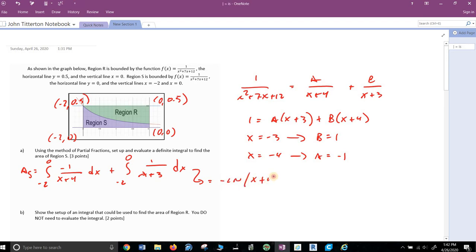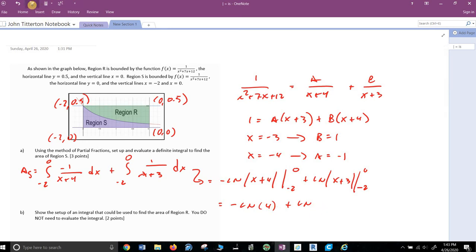And that equals negative natural log. I'm going to put the absolute values in. You do not need them. Even though there's a negative there, you think you probably do. Plus natural log x plus 3, -2 to 0, which is negative ln of 4 plus ln, and I actually can get rid of these now because they are no longer theoretical, some x.